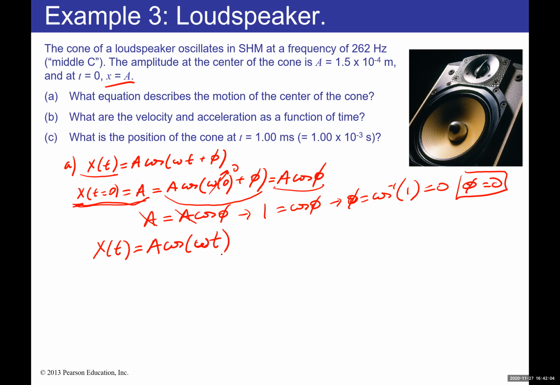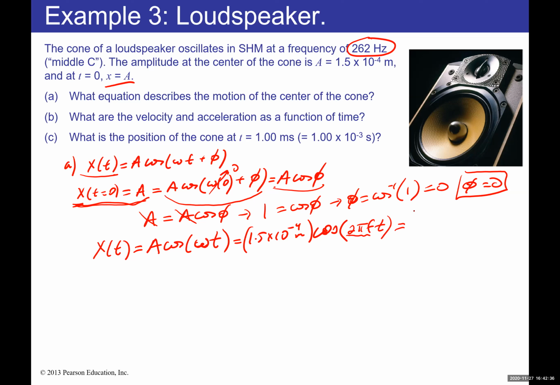That means I can ignore the phi because it's 0. My question is, what is A? Well, A is given as 1.5 times 10 to the negative 4 meters. That's for A. Then cosine of omega t. I don't have omega directly, but I have the linear frequency in hertz, so I can write omega as 2 pi f, times t, and then just calculate what 2 pi f is.